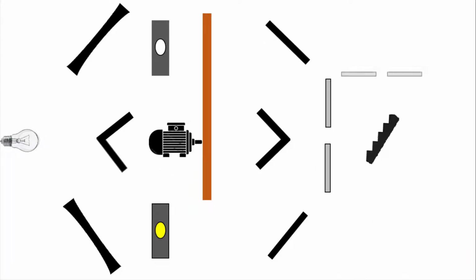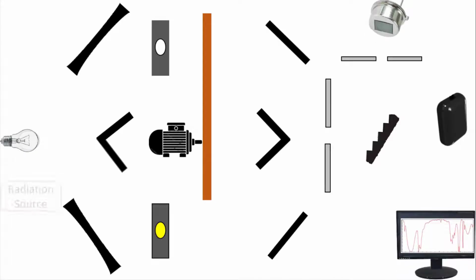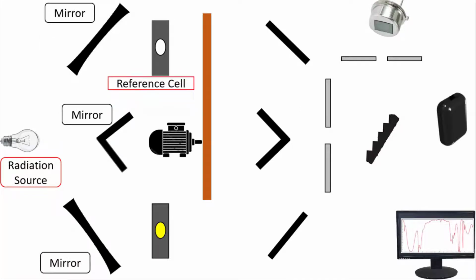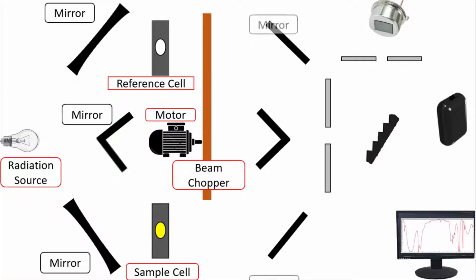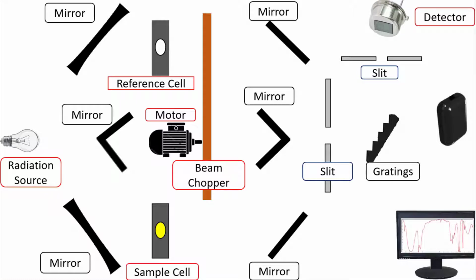The components are: radiation source, then mirrors, then reference cell, sample cell, beam chopper, motor, again mirrors, then slit, then gratings, then again slit, detector, amplifier and recorder.